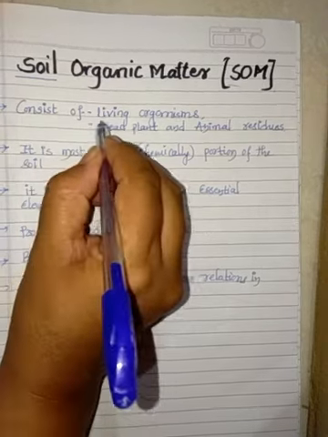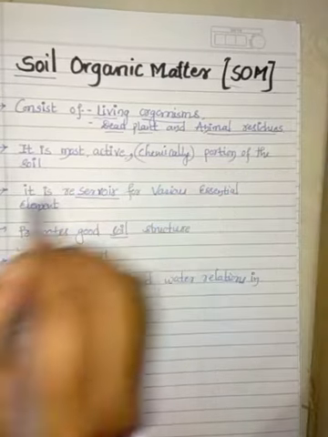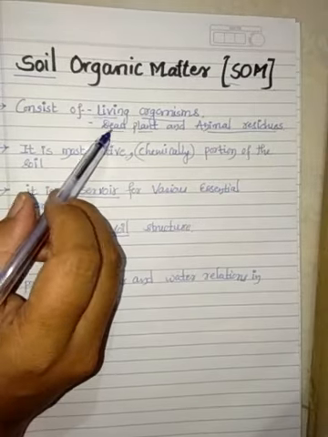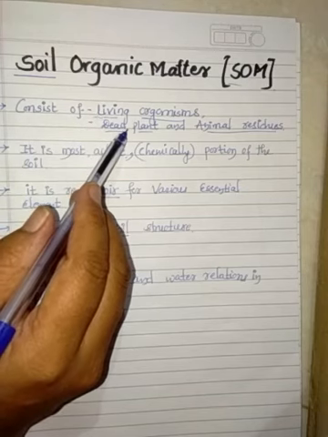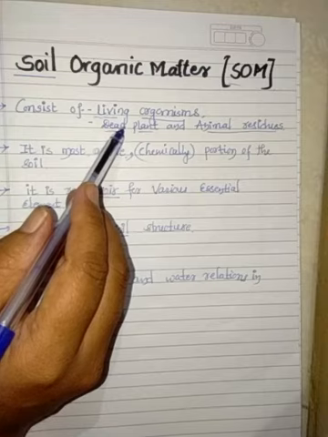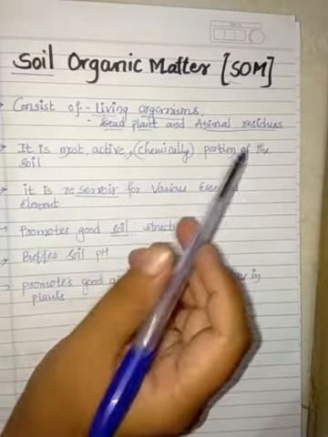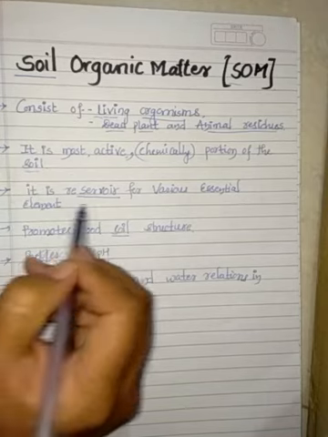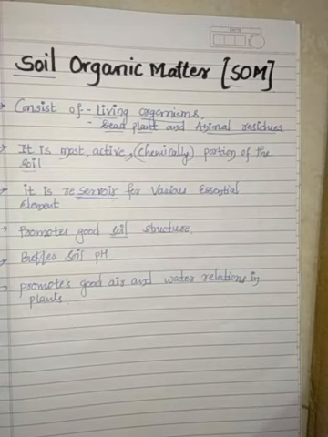First, it consists of living organisms, dead plant and animal residues. So all the unwanted materials that fall on the soil are contained over there, and they act as a good part for the soil. It is the most chemically active portion of the soil, isn't it? And it is a reservoir. It reserves the various essential elements over there.